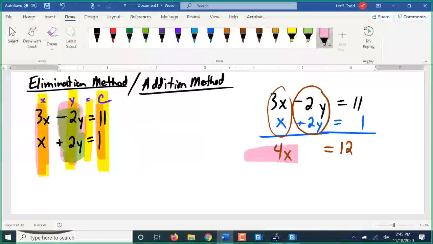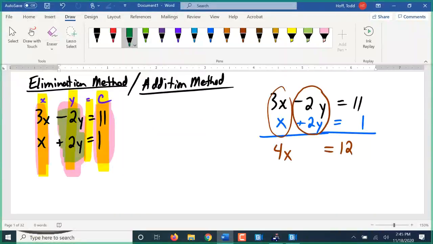The negative 2y and positive 2y canceled out, and the 11 and the 1 gave us the 12. So once we've done that addition and one of the variables has been eliminated, has been canceled out, we have one equation with one variable. We can solve for that variable. We'll solve for x by dividing by 4. X equals 3.